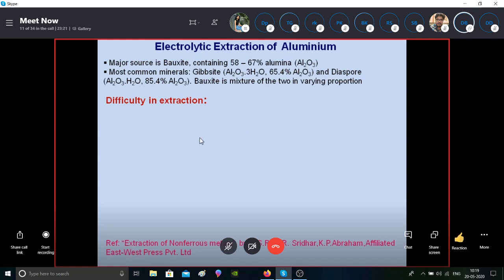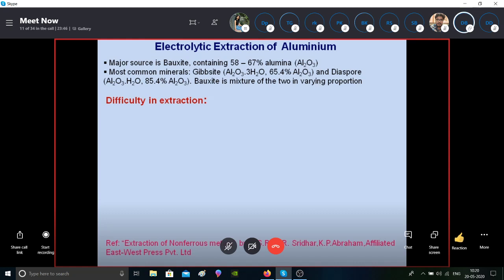So why is aluminium extraction so special? Because, as I said, it contains processes like hydrometallurgy and processes like electrometallurgy. What stops us from using the usual route? Alumina is again an oxide of aluminium.